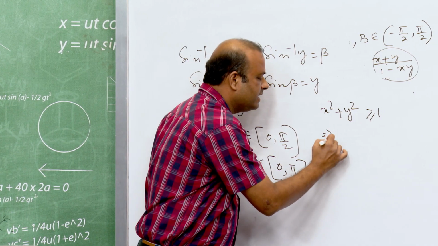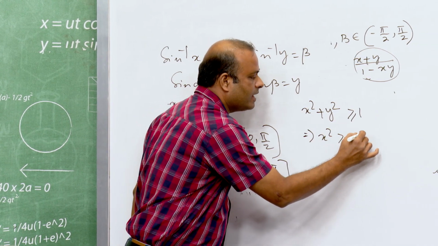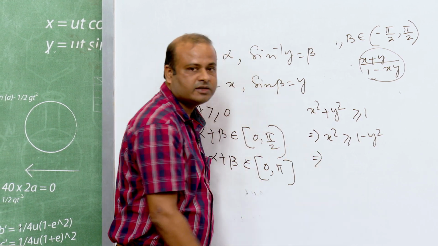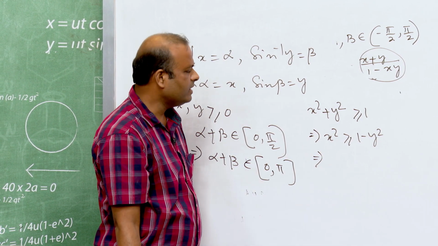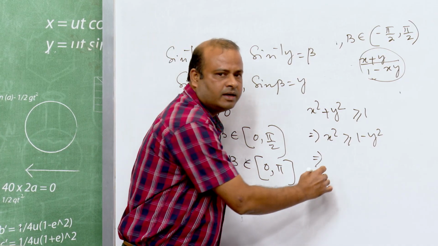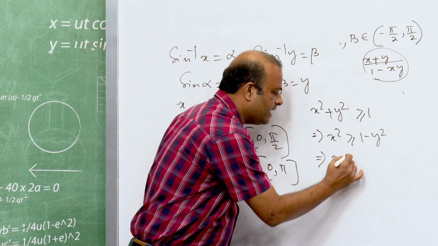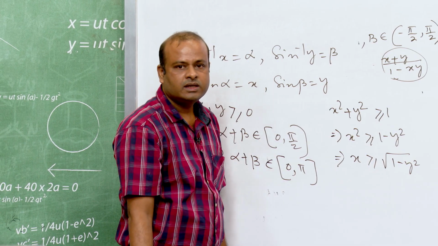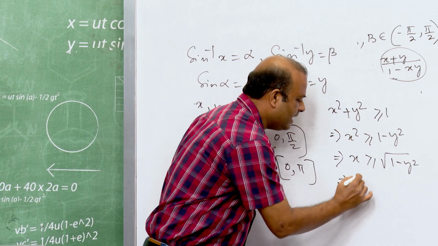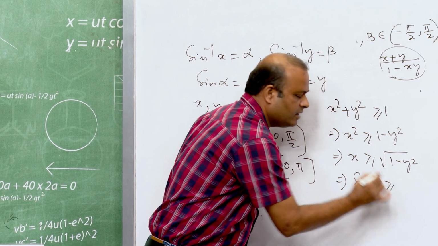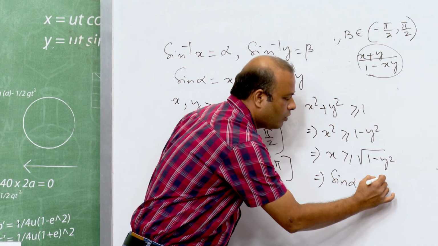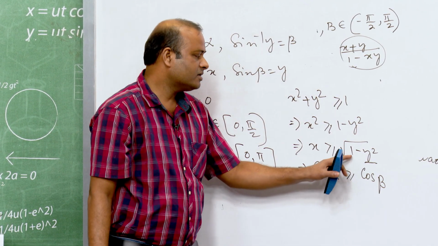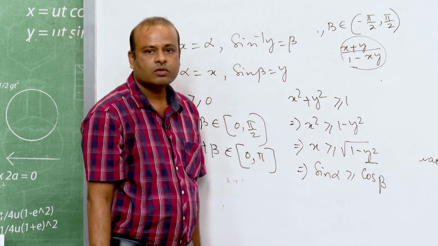So this implies x square greater than equal to 1 minus y square. So x greater than equal to root over of 1 minus y square, right? So x, which is sin alpha, is greater than equal to cos beta, because 1 minus sin square beta under root is cos beta.